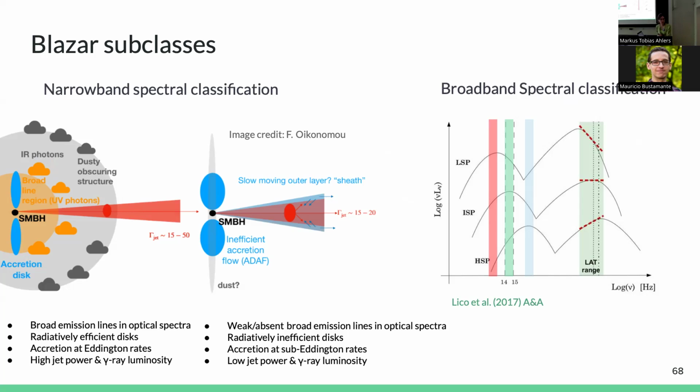And why is this important, you may ask, or I may ask: why do we really care about the presence or not of external photon fields in blazars? I mean, what do you think? What are the two basic processes for neutrino production in astrophysical environments that we have discussed?